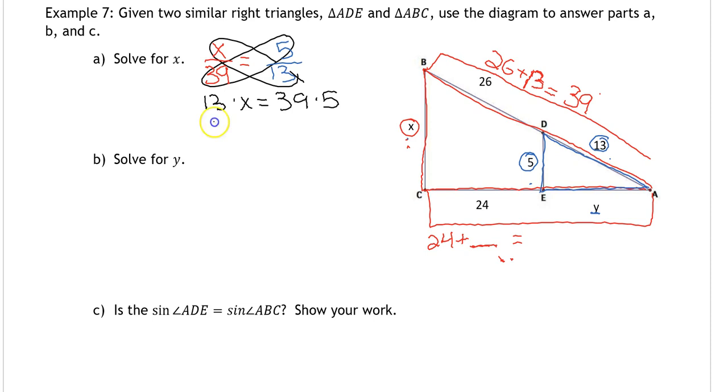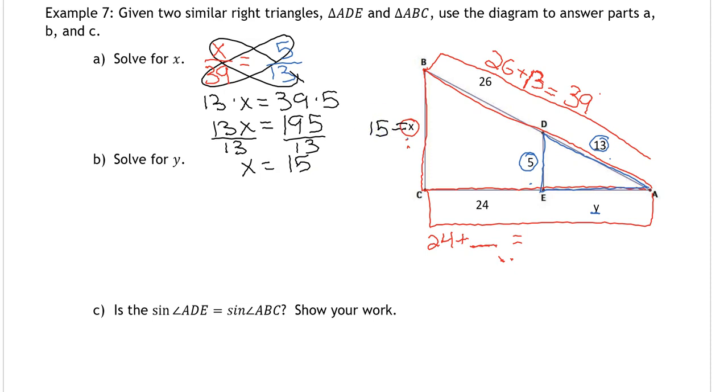Then 13x equals 39 times 5 is 195, I believe. Then last thing I'm going to do is divide by 13. So x equals 15. So that side is 15.